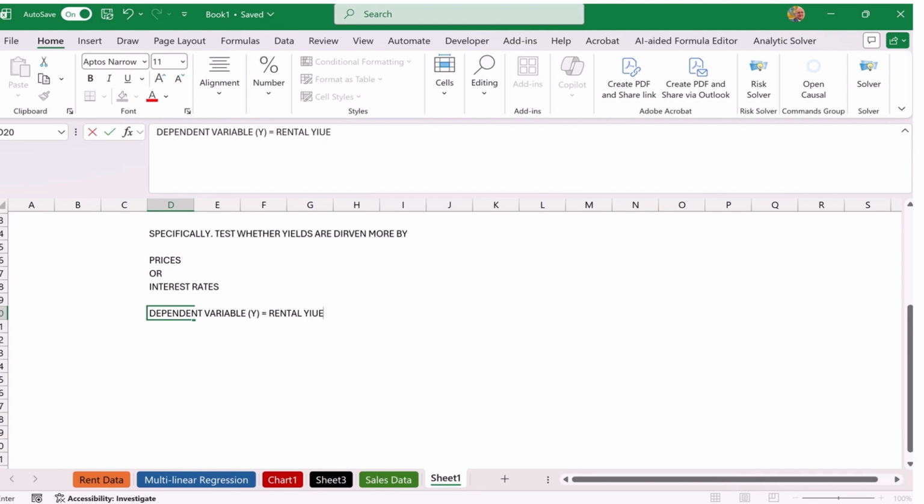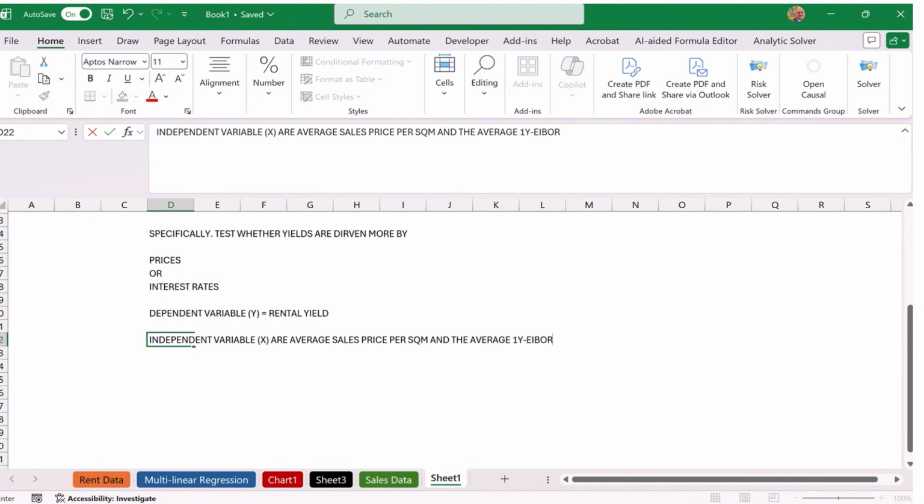And the independent variables, which are X, are the average sales price per square meter and the average 1-year EIBOR rate.